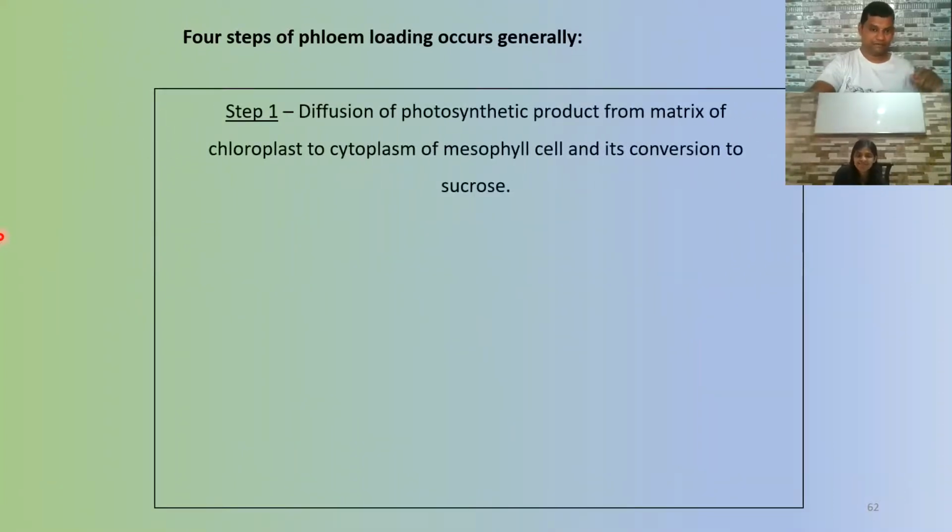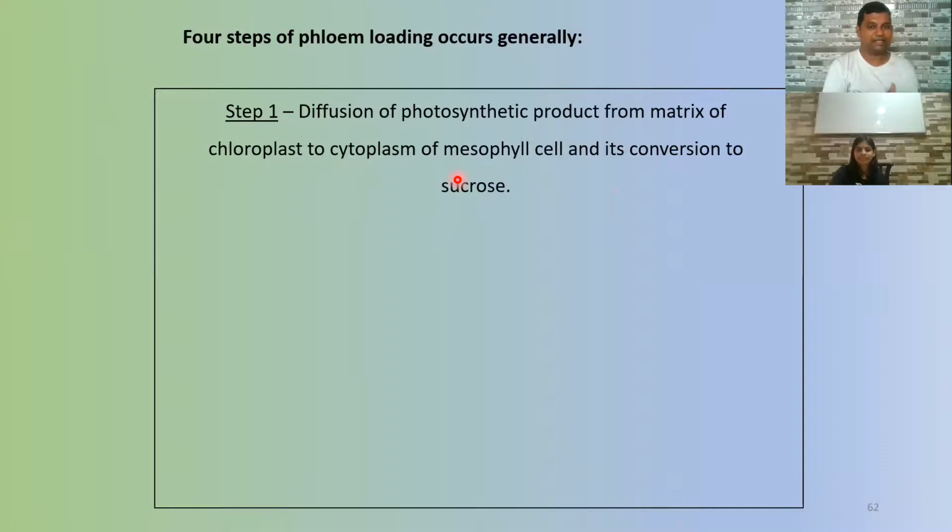सबसे पहला स्टेप क्या होगा कि whatever is the photosynthetic product, mostly it is the sucrose. तो लीफ के मेसोफिल सेल में जो क्लोरोप्लास्ट है जिसमें फोटोसिंथेसिस हुआ सुक्रोज बना, उसके मैट्रिक्स में से उसी सेल के साइटोप्लाज्म में आएगा. फर्स्ट में फोटोसिंथेसिस हुआ, द फर्स्ट इमीडिएट प्रोडक्ट इज ग्लूकोज.